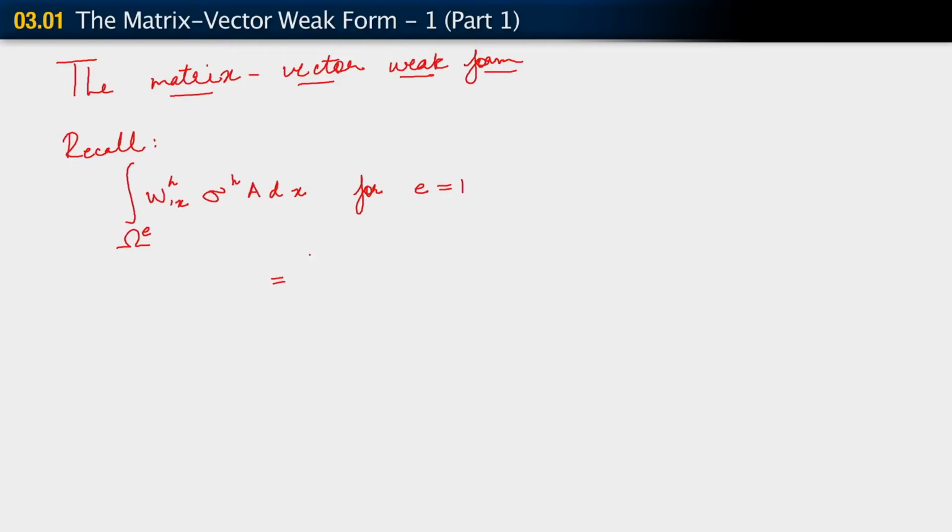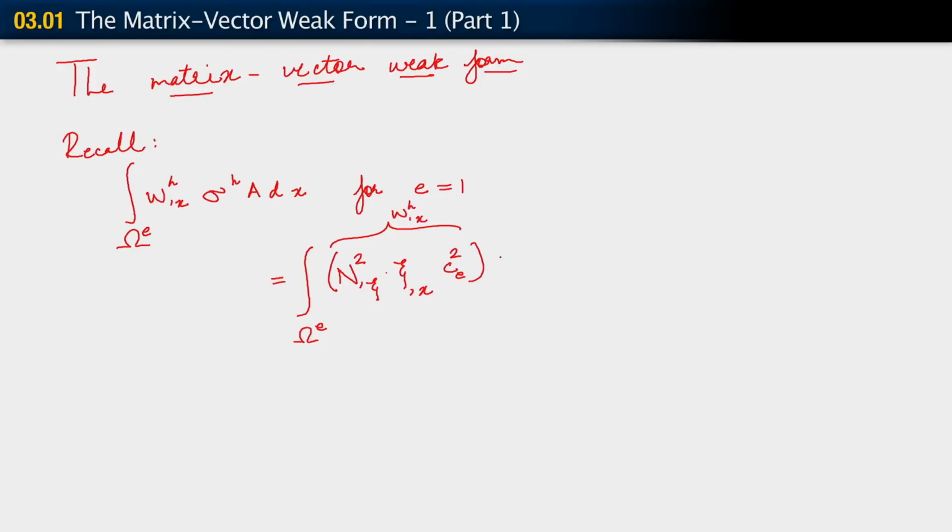Now for element E equals 1, this is the integral over omega E. wh comma x, you recall, for element 1 is written as simply N2 comma x multiplying c2e, where e for this particular case is 1. Okay, so this is our expression of wh comma x.